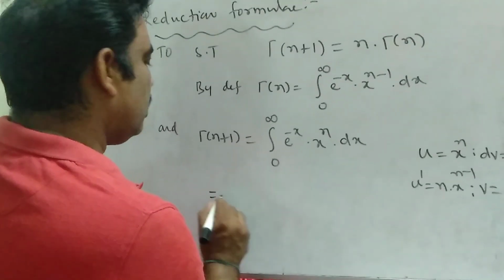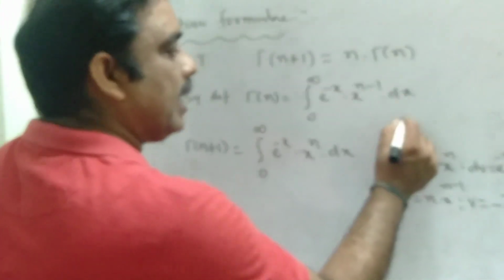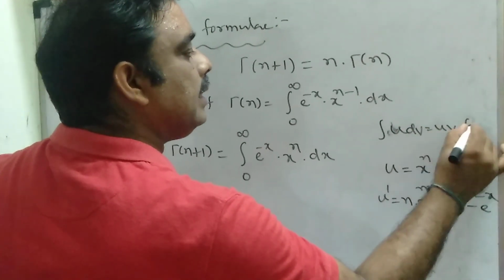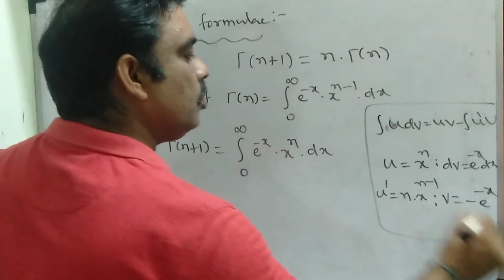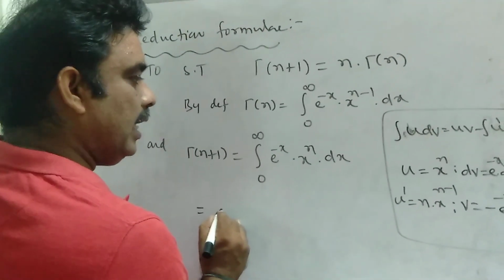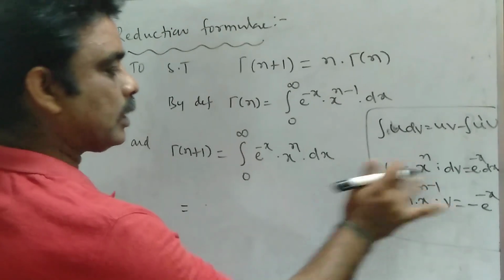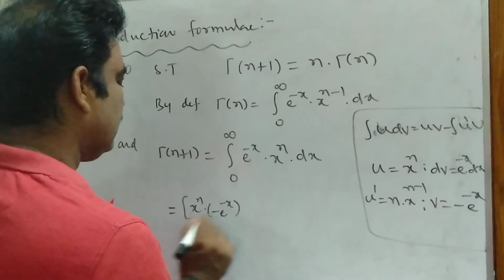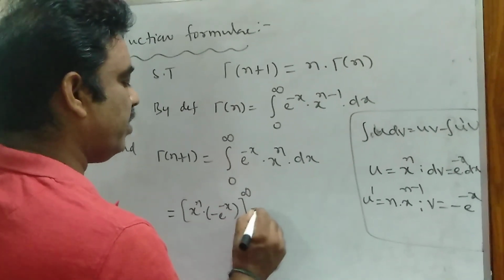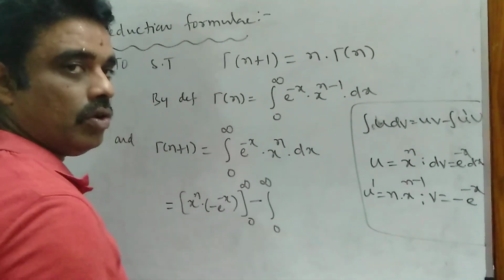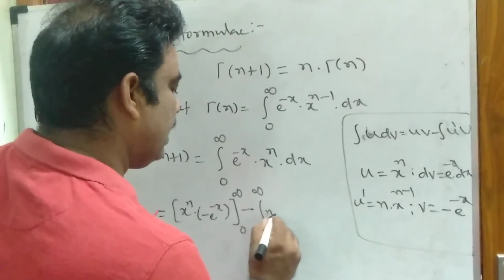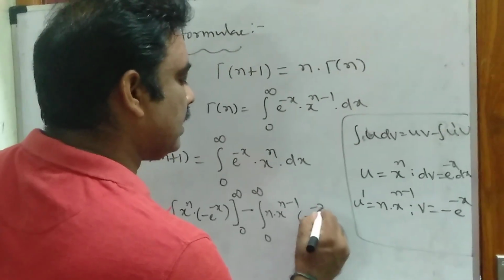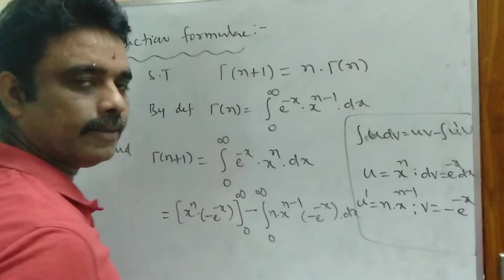The formula: integral u dv is equal to uv minus integral u dash v. So using this formula, u is x power n and v is minus e power minus x. The limits are between 0 and infinity, minus integral 0 to infinity of n into x power n minus 1, and v is minus e power minus x, into dx.